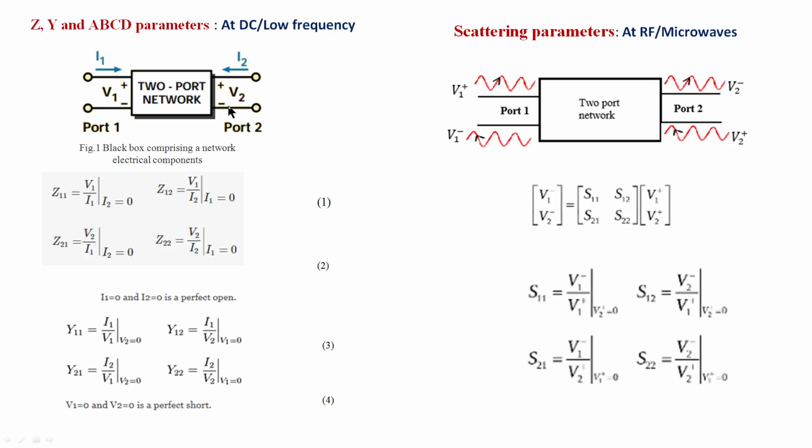Reflection takes place when we put a short here. The wave will travel in the opposite direction, and if there are multiple reflections, then what happens? A very high spike type of voltage may be generated here. That may damage the active device present in this network. If the reflection going back is very high, it may damage this.